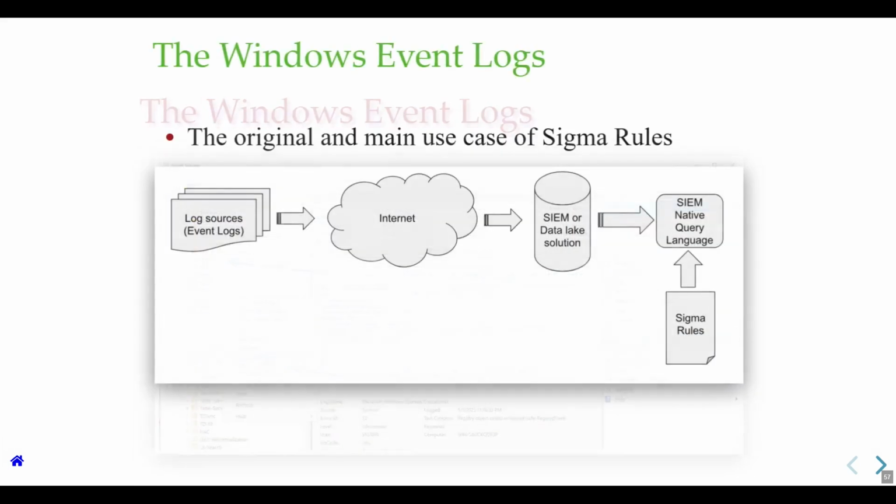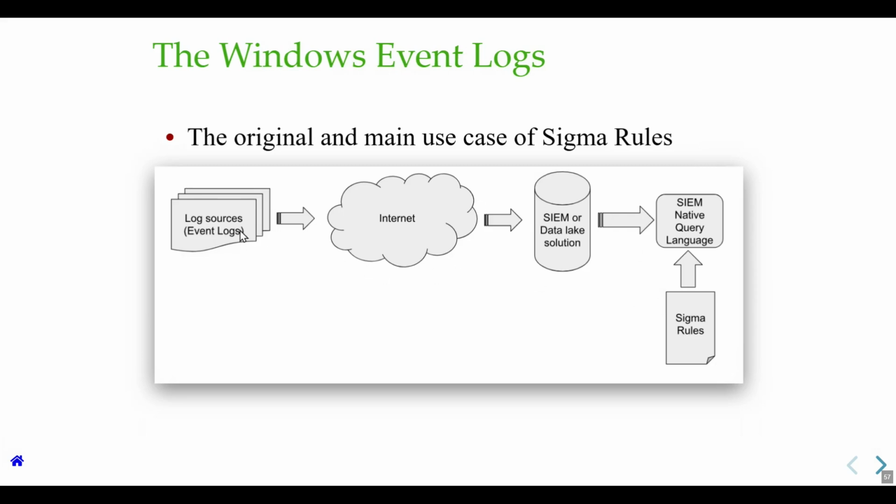Okay, so this is what your average typical Sigma rule use case is, right? You have your event logs, and remember before when I talked about the Velociraptor Sigma model, we actually did the Sigma matching on the endpoint and only forwarded some of the events, the ones that matched.